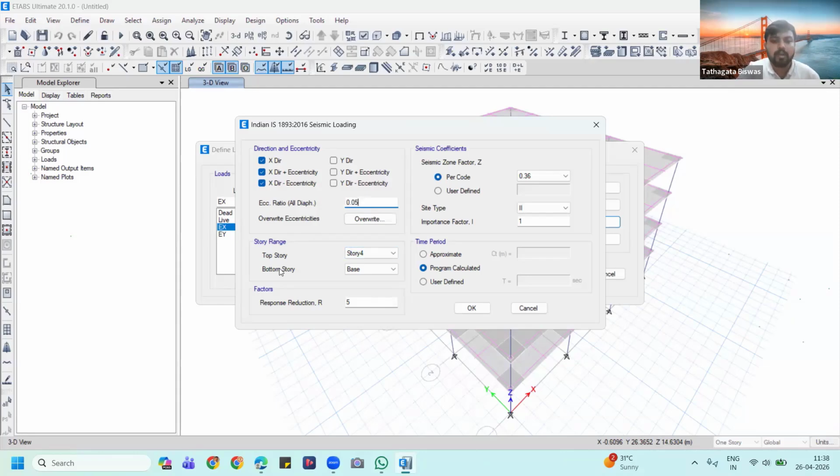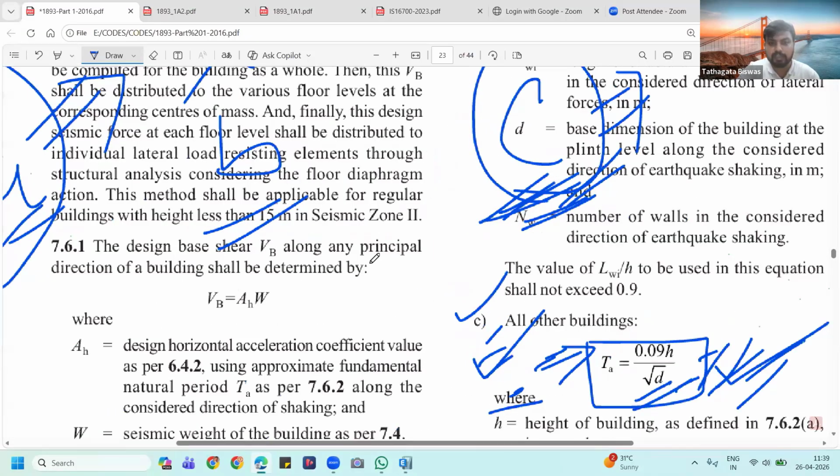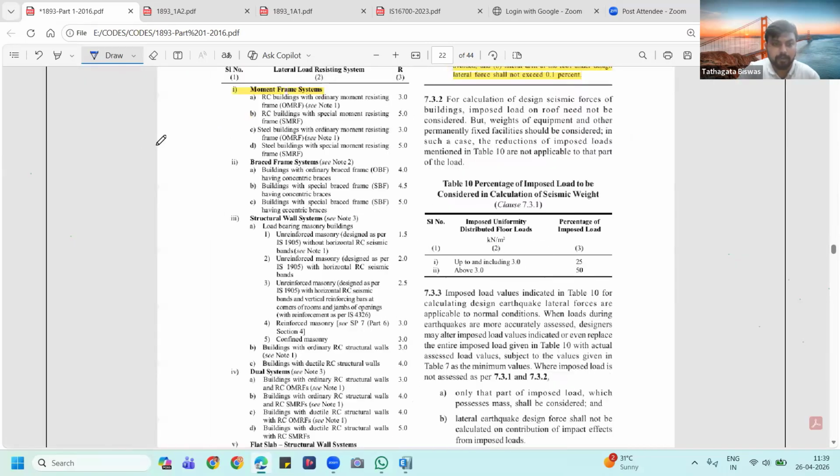Okay, now story range, generally it is from base to top story. By default, there are 4 stories in the software, so we are getting 4 stories over here. Okay, response reduction factor, as I have already told you, is basically based upon the ductility clauses. So this is the response reduction factor table, Table number 9.